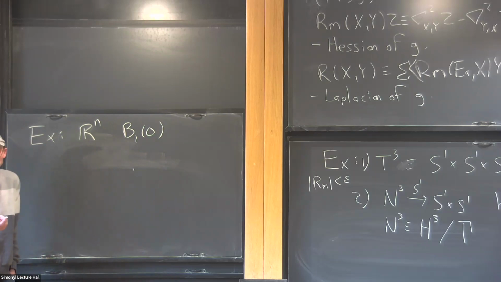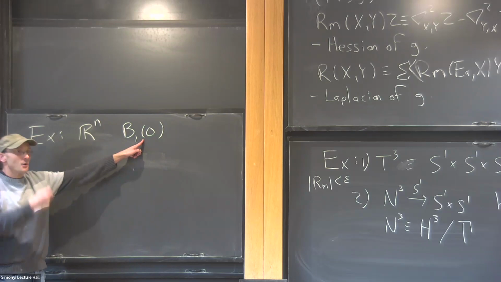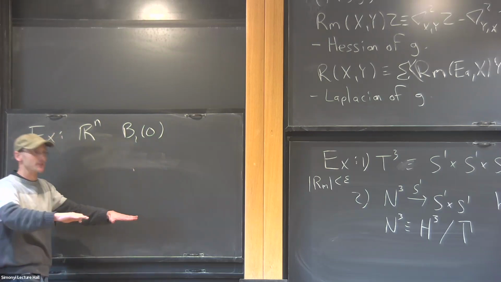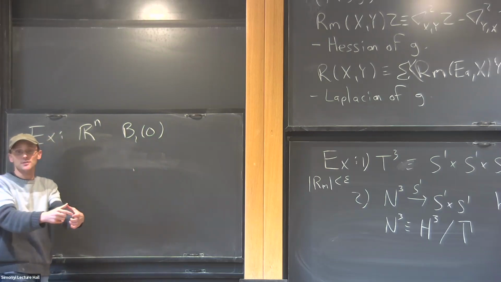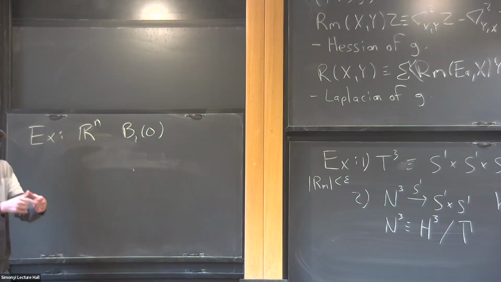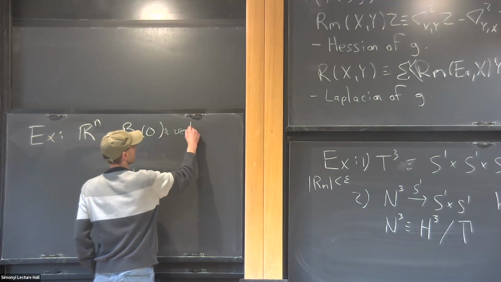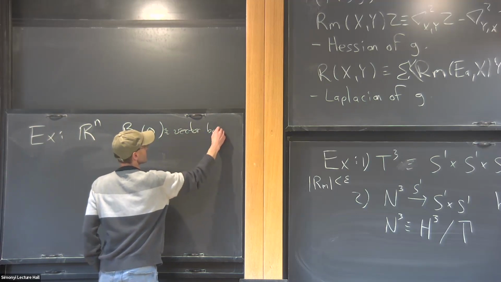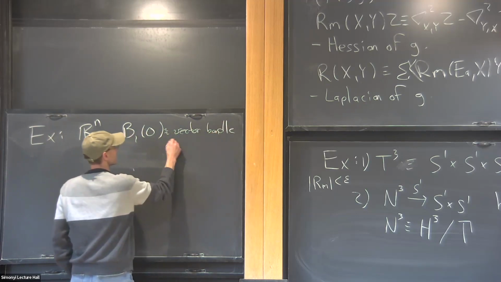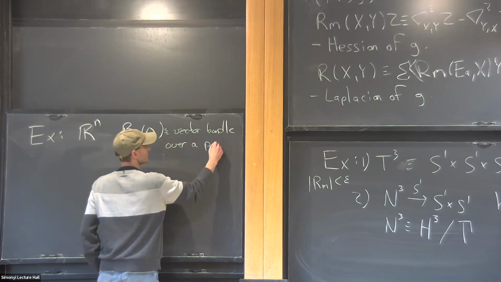The infranil manifold here is a point, right? This thing is just a vector bundle over a point. So that's the trivial case, the case where you just have an open chart the way you expect. So basically, when the volume is bounded from below, is how a geometer would say this. You just have to be diffeomorphic to a ball, right? So this is diffeomorphic to a vector bundle over a point. Stupid.